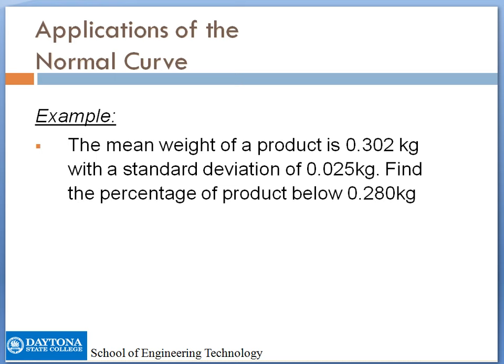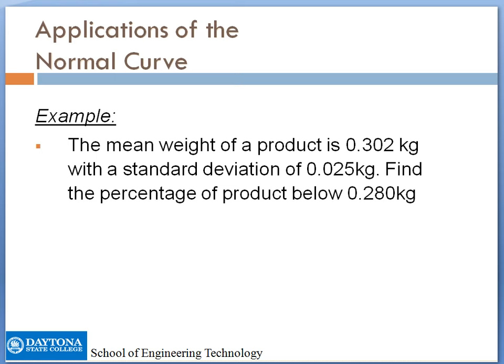So the first thing is that you need to understand the values given, and these are the mean, the standard deviation, and the observed value. Once you do that, now you have to draw the normal curve.